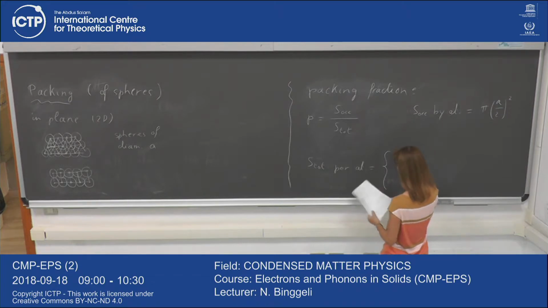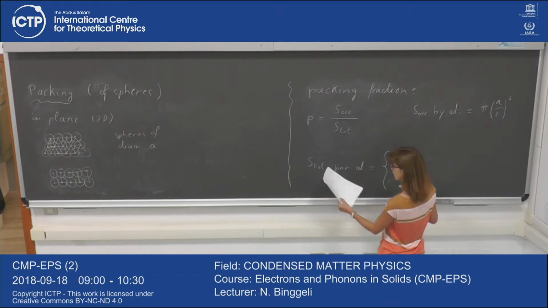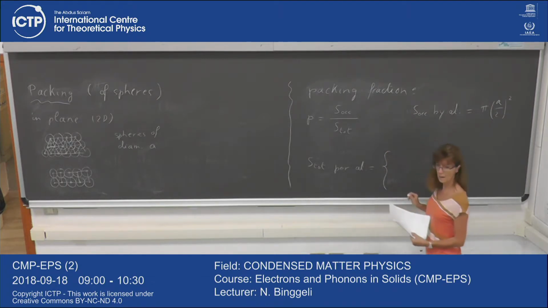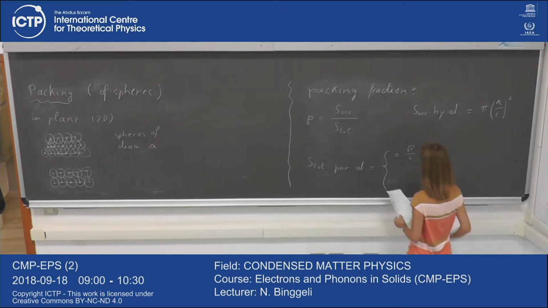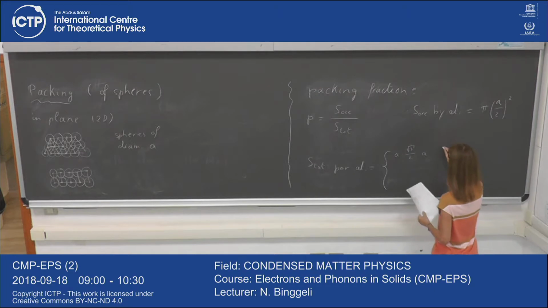So in the triangular lattice, the total surface per atom is A times square root of 3 over 2 A. So this is for the triangular lattice.